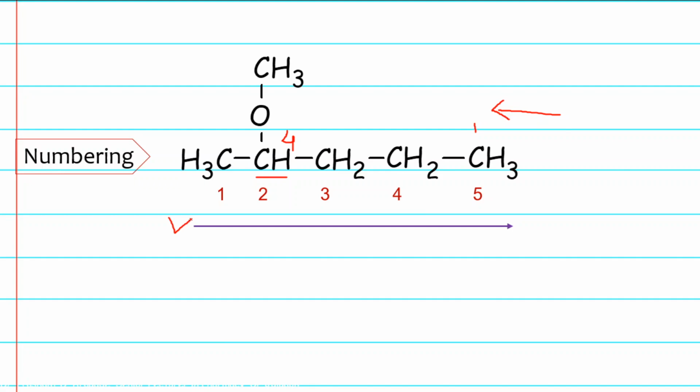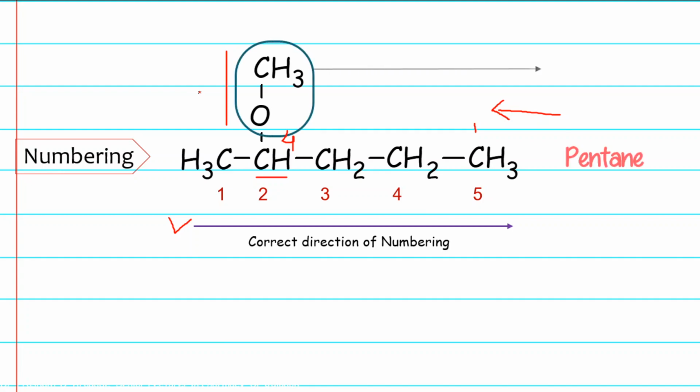So this is the correct numbering direction, as it will give the lowest possible number to the carbon atom on which the alkoxy substituent is attached. So then try to find out the substituents. So it is 2-methoxy, that is it is attached at the 2 number carbon atom. So the name of this compound is 2-methoxypentane.